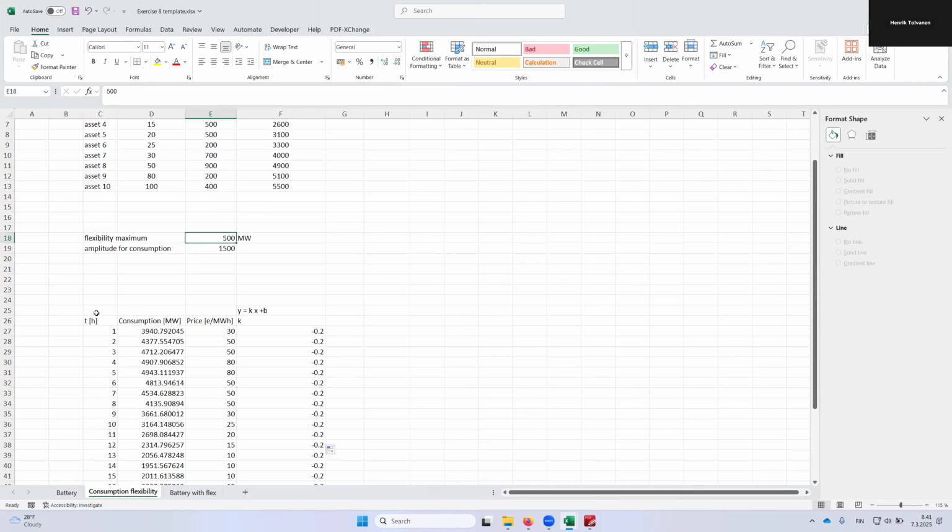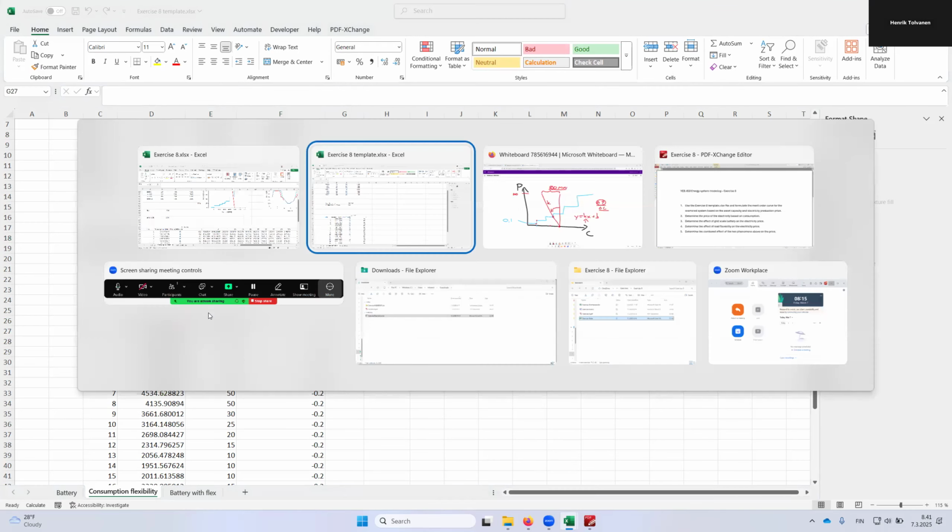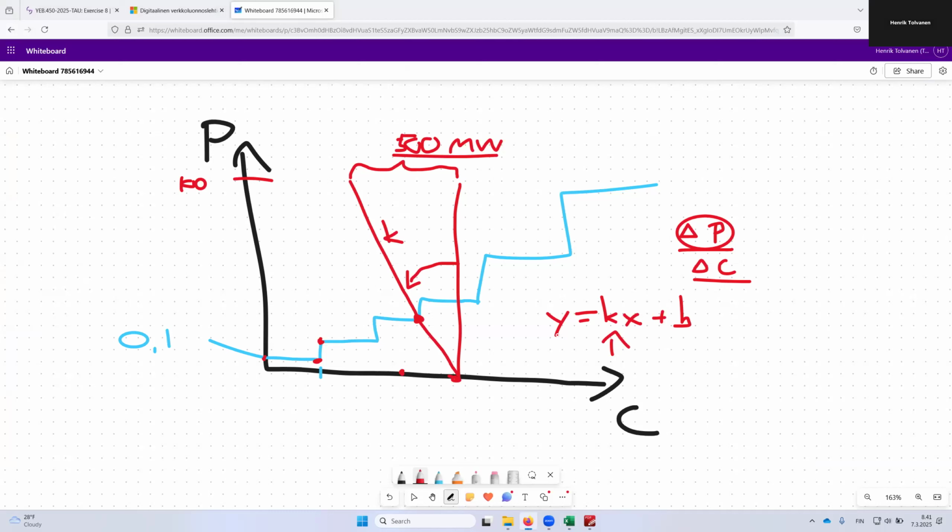And then what we need is the B. So for this B, let's go to the drawing. It's easier to see from here. The B can be calculated when Y is 0, and if we know K, and if we know X, because this line can be based on the consumption amount. So this is kind of, if price were 0, the consumption was this amount, and then we always have the same slope in here.